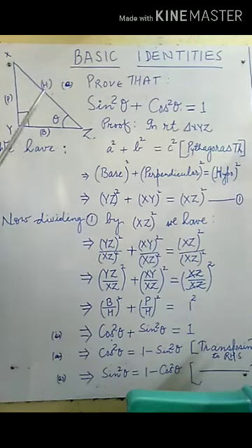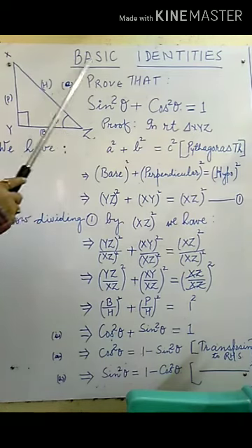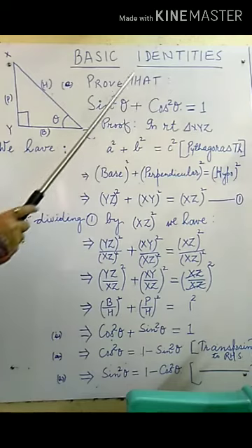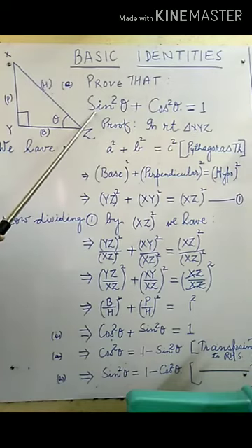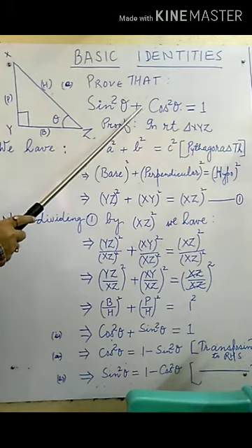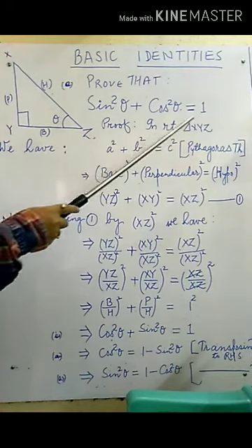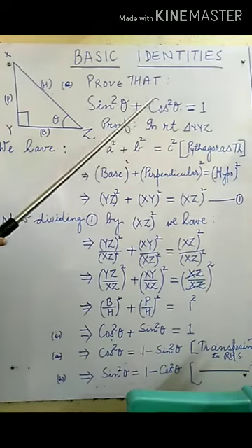Let us see which is the first of the basic identities. The first basic identity is sine square theta plus cos square theta equals 1. How can we prove this?